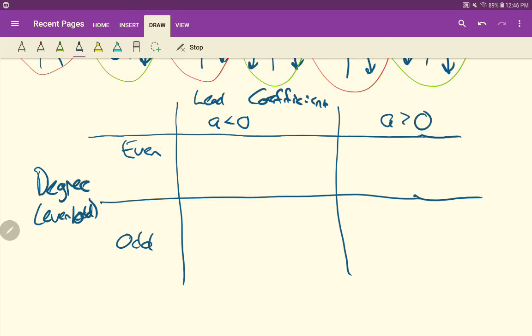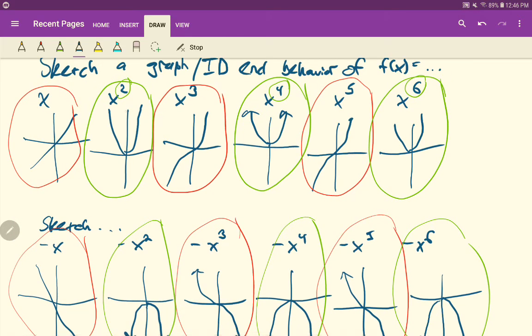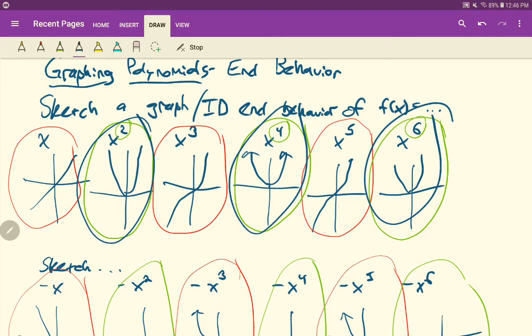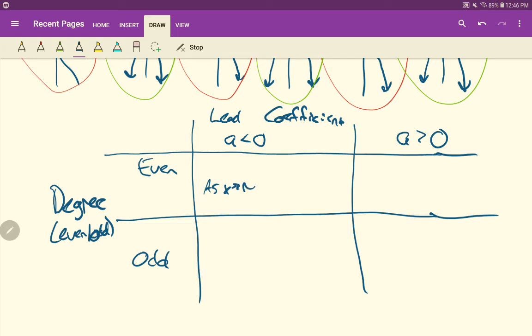So if we look for even degree with lead coefficient positive, that'll take us to these green ones up here, these guys, this one, this one, this one. And what are their end behaviors? Whether x approaches infinity or x approaches negative infinity, whether you go far right or far left, you're going to go up in both cases. So as x goes to infinity, f of x goes to infinity.